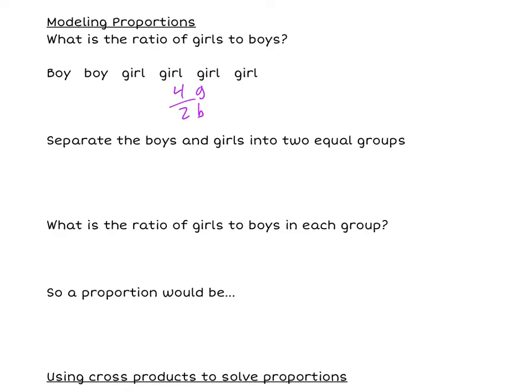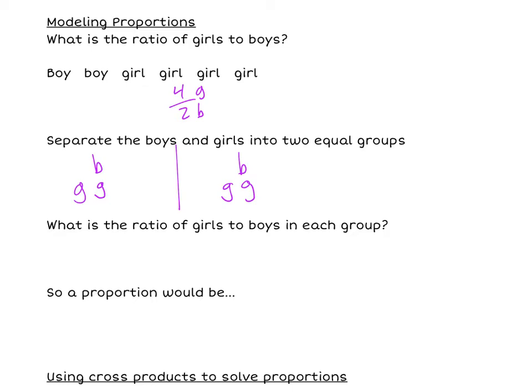Okay? We're going to separate these into 2 equal groups, similar to what we did yesterday. So we've got a boy in this group, a boy in this group, so we split 2 groups here. And I'm going to have a girl here, a girl here, a girl here, and a girl here. So I've got 2 groups now. 1 boy in each group, 2 girls in each group.